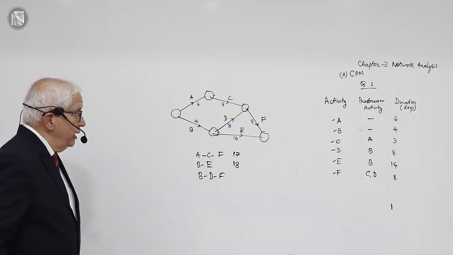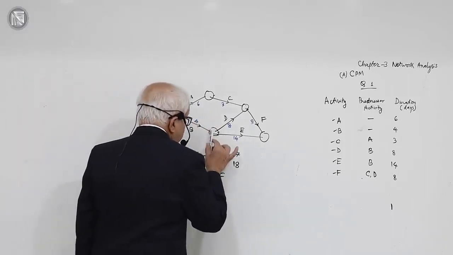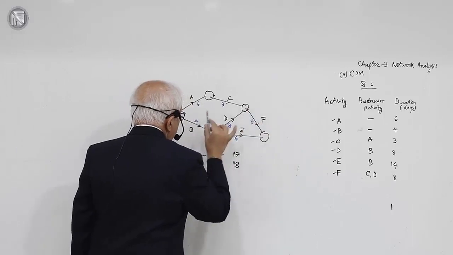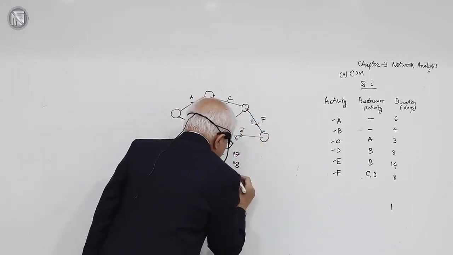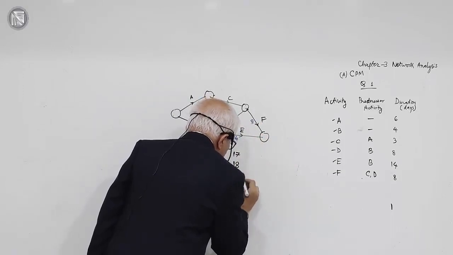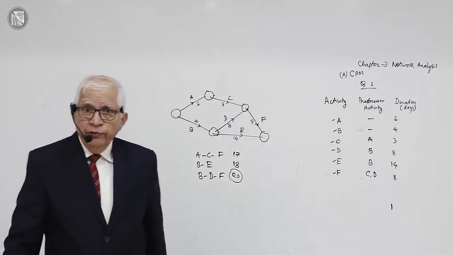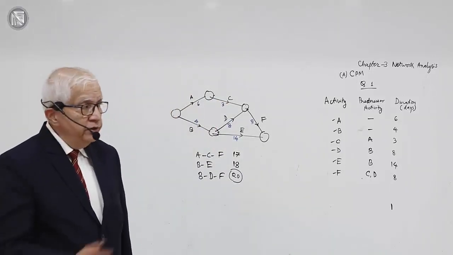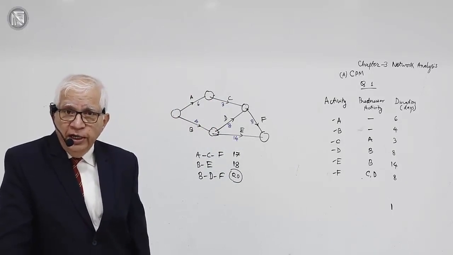And what about the remaining path? BDF. Let's calculate. BDF: 4 plus 8 plus 8, that's 20. The longest time. When, therefore, do you think that the project will be complete? The situation is exactly similar to the hypothetical example of the JKL teams.